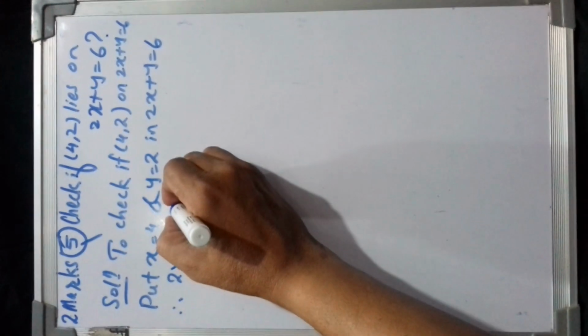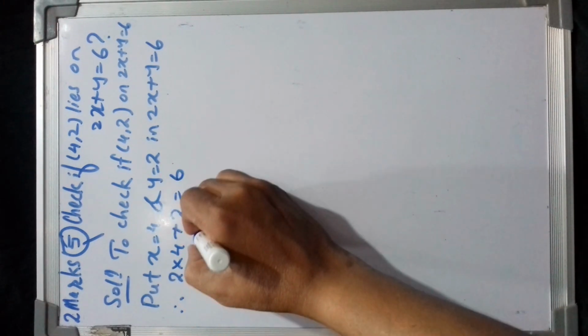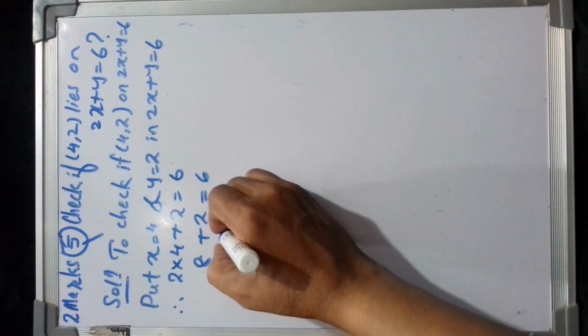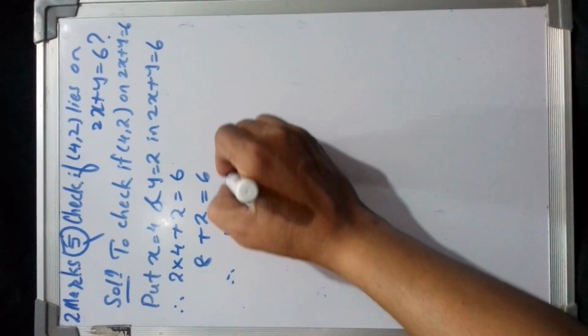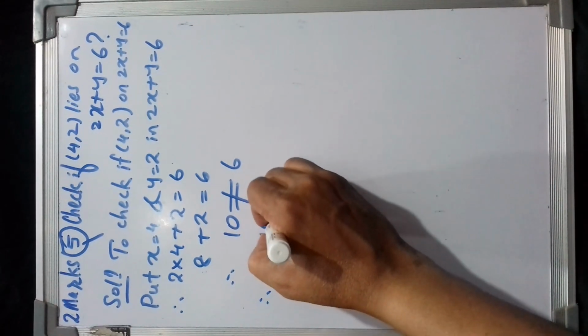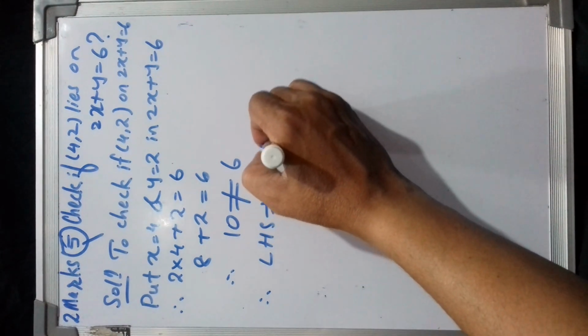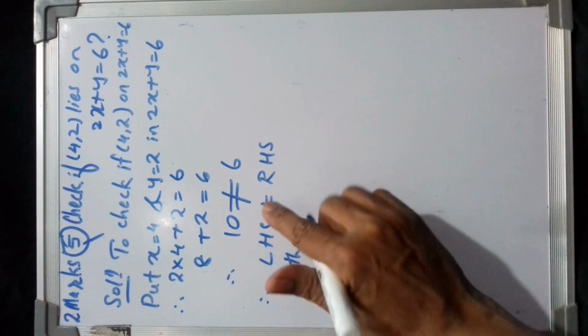Now the next question. We have to check whether 4 comma 2 lies on the line 2x plus y is equal to 6. To check it, we put x is equal to 4 and y is equal to 2, as given here.